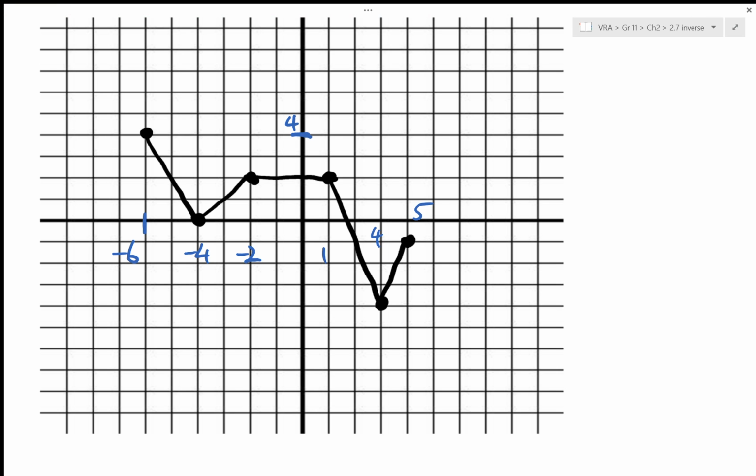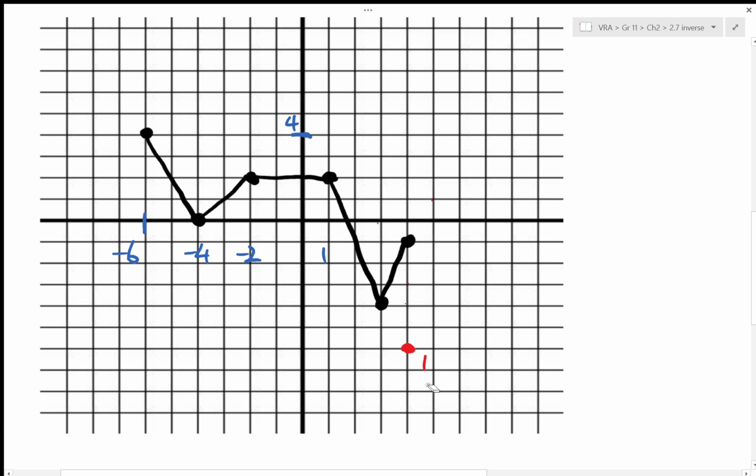So then all we have to do again is switch the order of the pairs around. Instead of having negative 6, 4, it will be 4, negative 6. So we count 1, 2, 3, 4, and then negative 6. That's the first point, and I'm going to number it, and that becomes this first point.